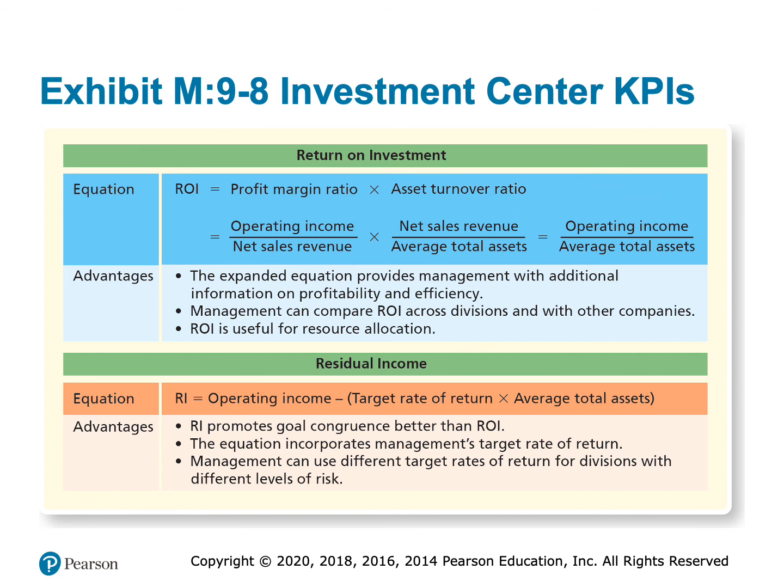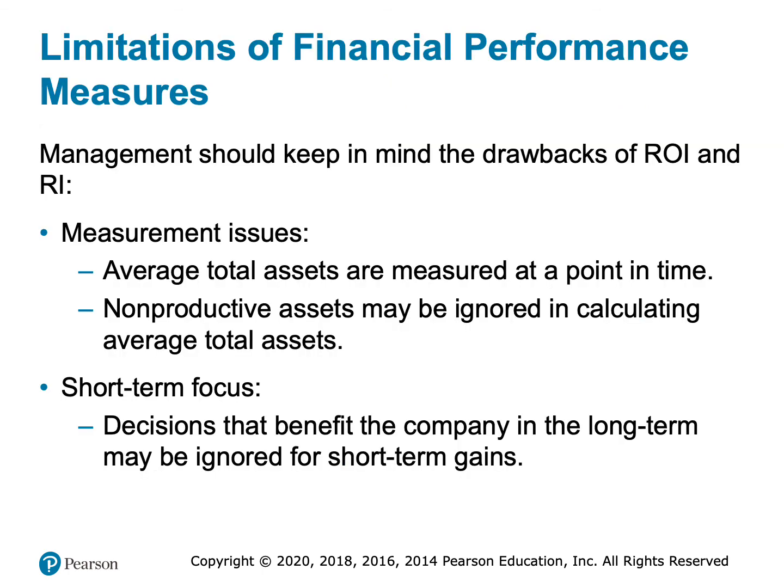Why is their profit margin so low? What expenses are eating up all of their profit margin? And for the tablet computer division, I want to know why their asset turnover is so low. Why are they not investing in good assets? And maybe that's something that we need to be better at doing.